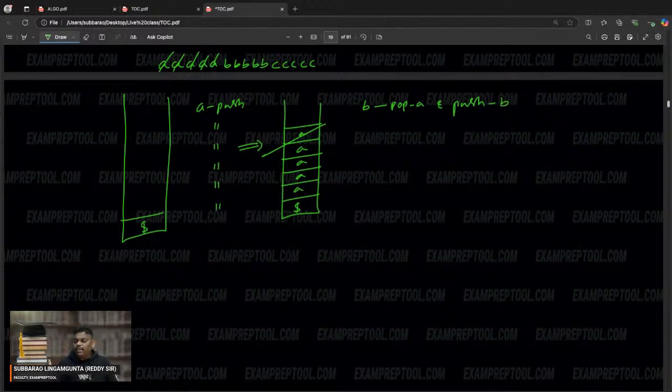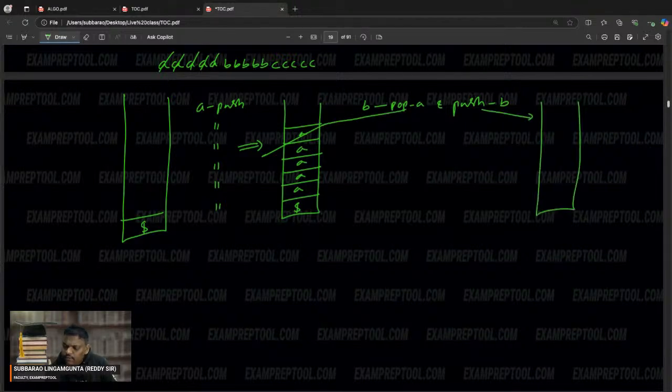For every B, pop A and push A in another stack. Pop A in this stack, push A in another stack, because A's are equal to B's. In this stack I will check A is equal to B's, and in the other stack I will check A is equal to C's.